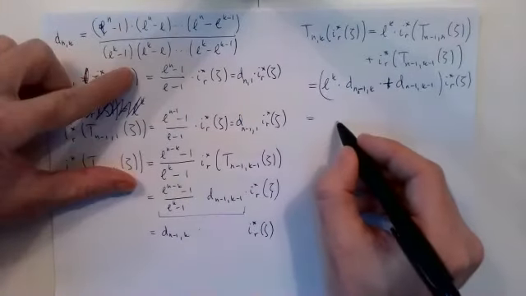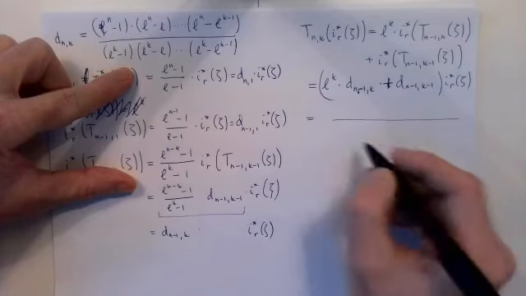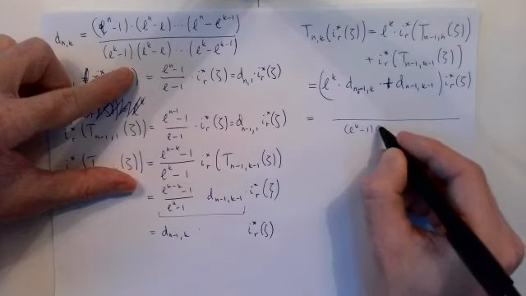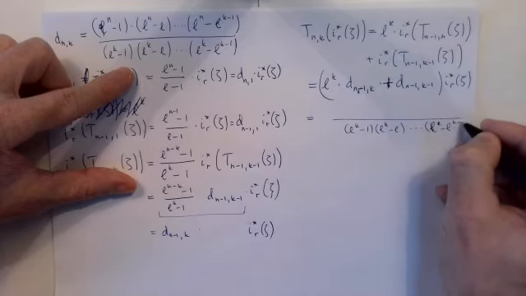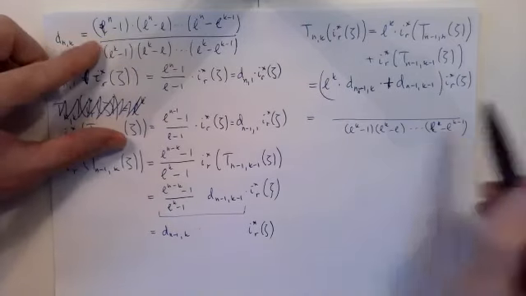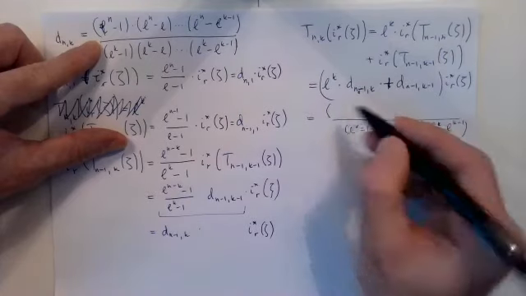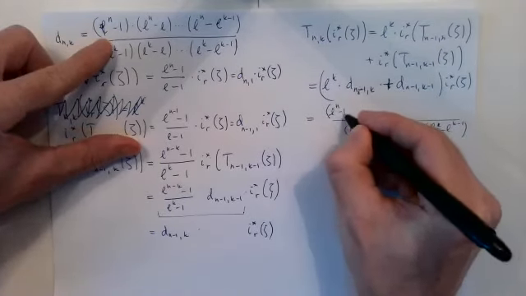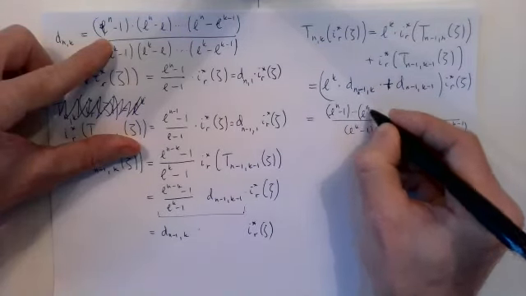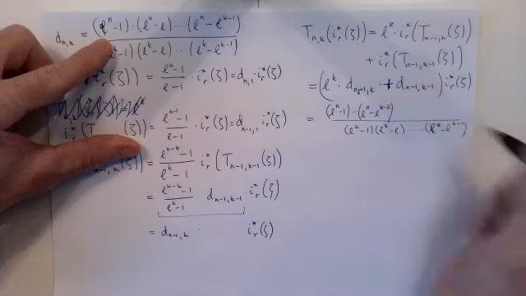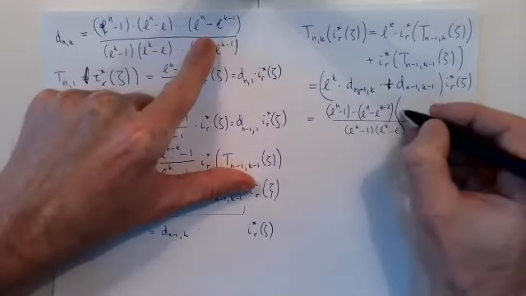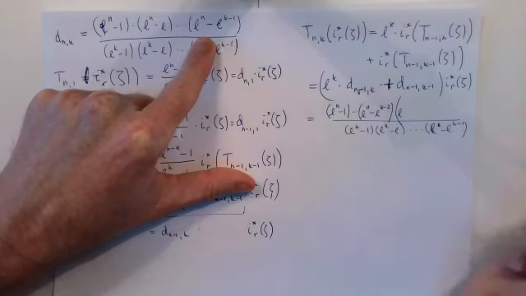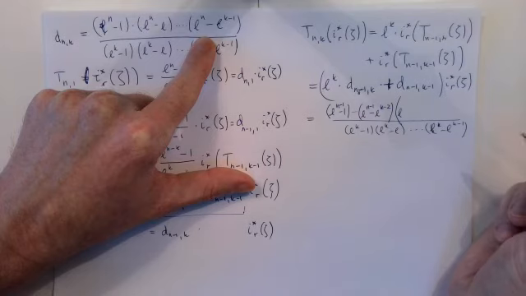Both of these have the common denominator (L^k minus 1)(L^k minus L) dot dot dot (L^k minus L^{k-1}), and we can factor out for both of them (L^{n-1} minus 1) dot dot dot times (L^{n-1} minus L^{k-2}). That is something we can factor out.